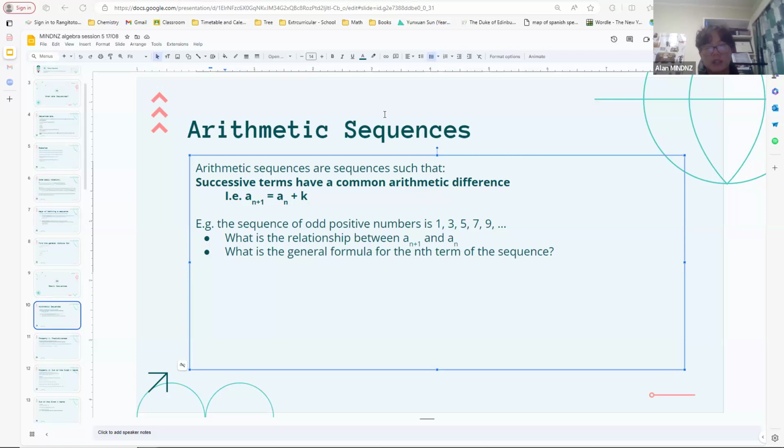Yeah, a_{n+1} is a_n plus 2. So what's the general formula for the nth term of the sequence? Yeah, that's also correct. 2n minus 1.